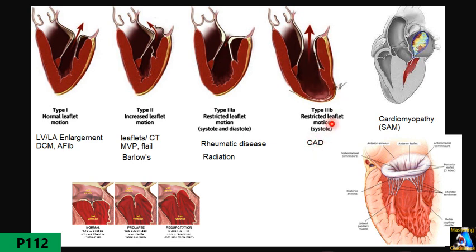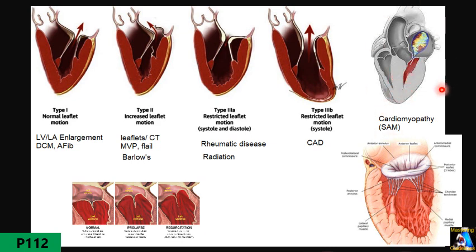That is exactly the same as the functional MR that we talked about before. Another one that we can add to this group is SAM, in hypertrophic cardiomyopathy. In one specific subtype of the hypertrophy, HOCM, we have SAM, systolic anterior motion of the mitral valve, which I'm not going to talk about in this lecture.